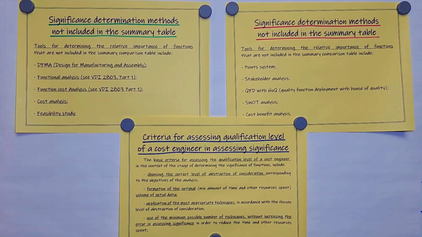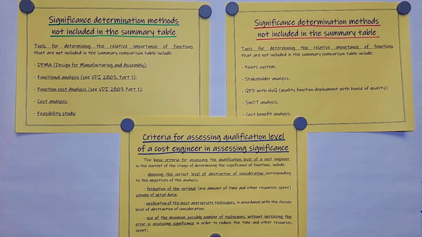The table doesn't include a tool such as stakeholder analysis, since the opinion of interested parties within the framework of the VDI concept proposed in our training course, not VDI, value design engineering, which sounds similar to a VDI standard, is taken into account firstly as a stage of forming functional requirements, technical requirements, and technical assignment.